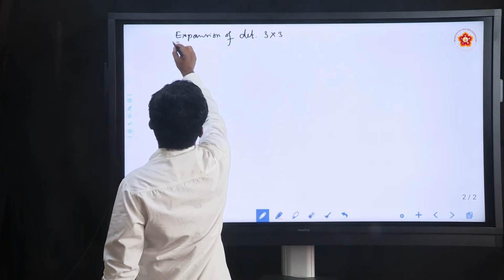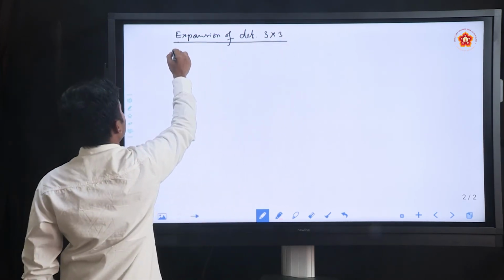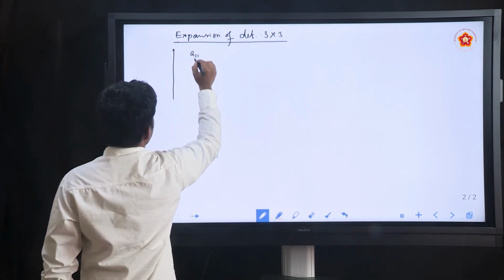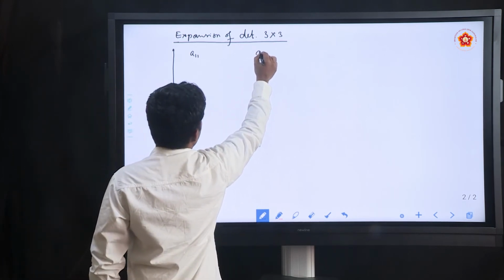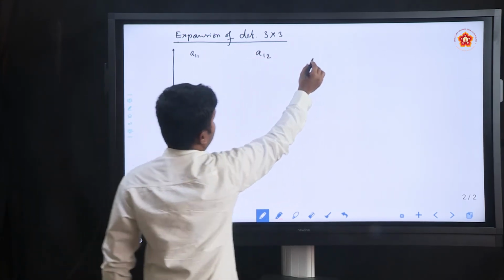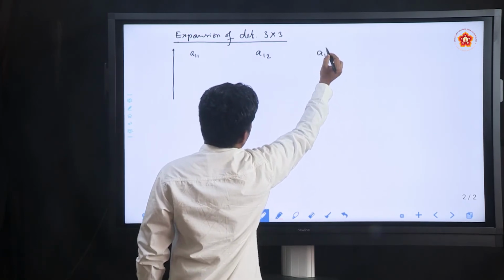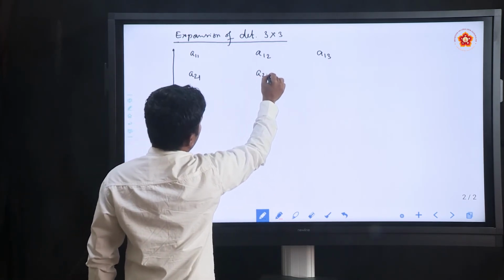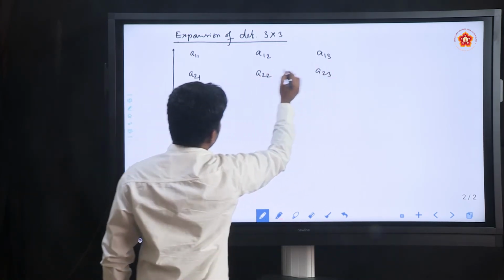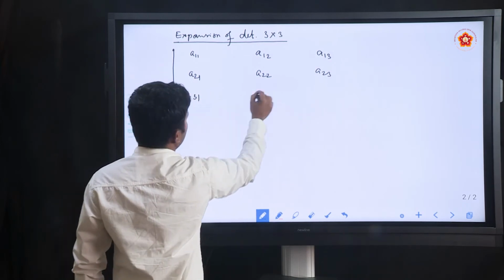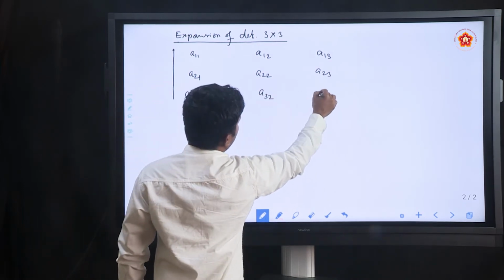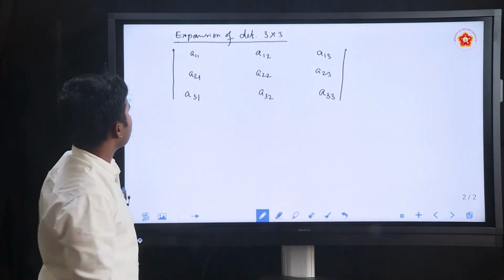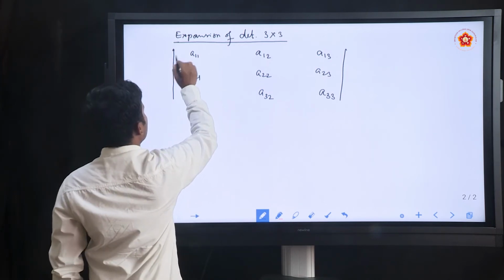As you know, this is A11, and this is A12, A13, and here A21, A22, A23, A31, A32, A33. So here, first we have expanded this one along R1.